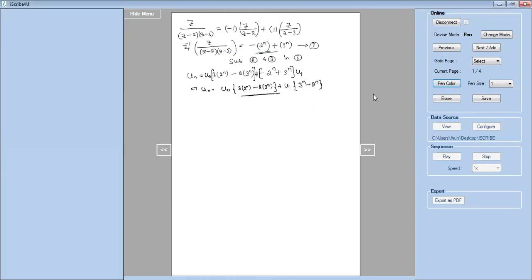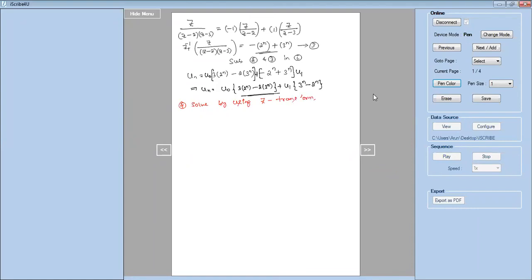So I'm going to write two problems here. So you can try these problems by using the procedure, whatever so far we have discussed. And this is one of the most important concepts here. So I'll just write the problem. Solve by using Z transforms.